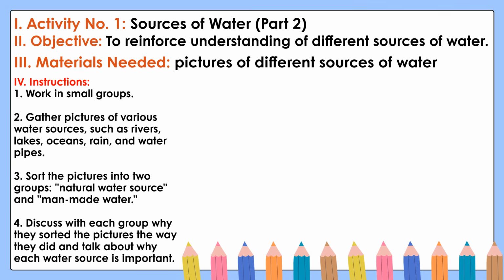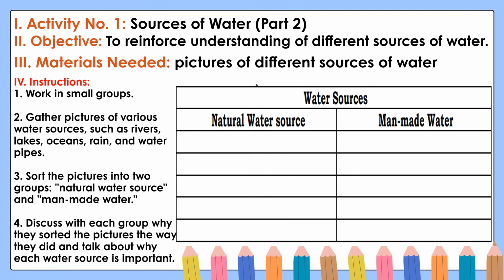Gather pictures of various water sources such as rivers, lakes, oceans, rain, and water pipes. Sort the pictures into 2 groups: natural water source and man-made water source. And last, discuss with your group why you sorted the pictures the way you did and talk about why each water source is important.